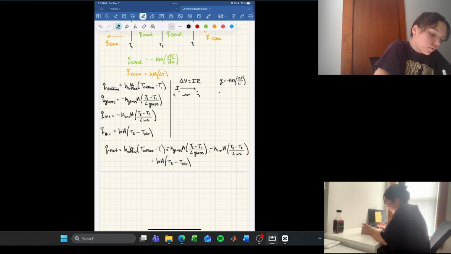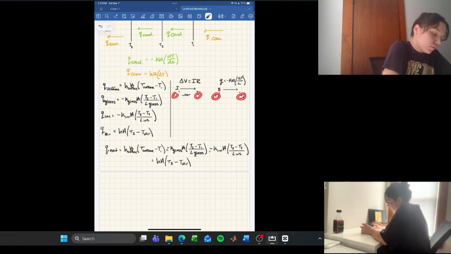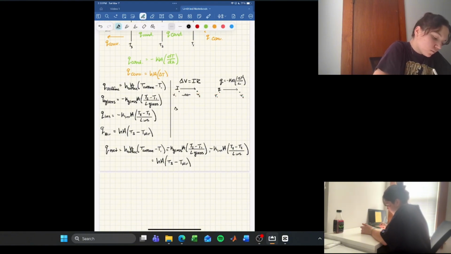And with Fourier's law, we have a temperature at 2 different points, and there's heat flowing through the points, and then there's some type of resistance, which can be the thermal resistance. So looking at these, we can see there's a change in voltage similar to how there's a change in temperature. So let's relate those two together.